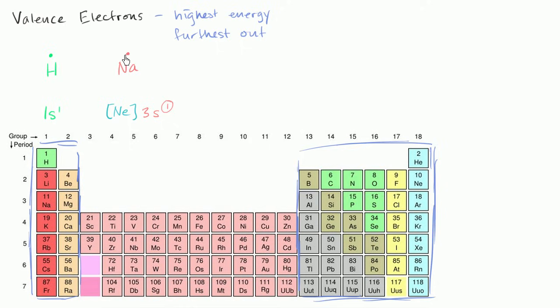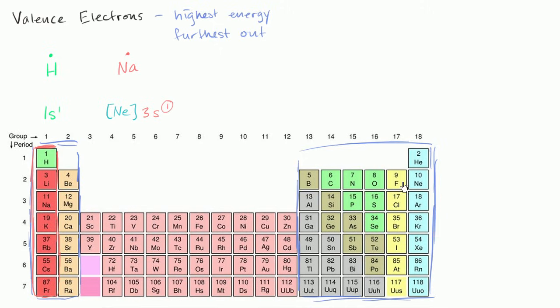But the important thing to realize, from the examples of hydrogen and sodium, is that all of these group 1 elements are going to have one valence electron. They're going to have one electron that they tend to use when they are either getting lost to form an ion, or that they might be able to use to form a covalent bond.